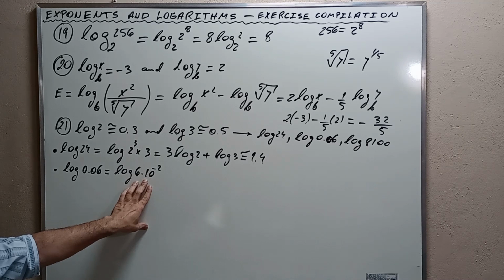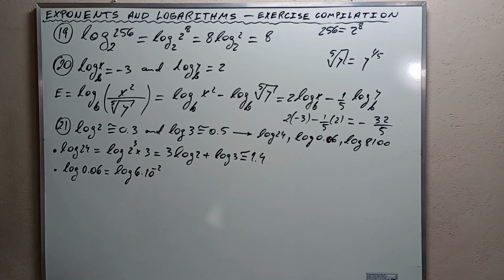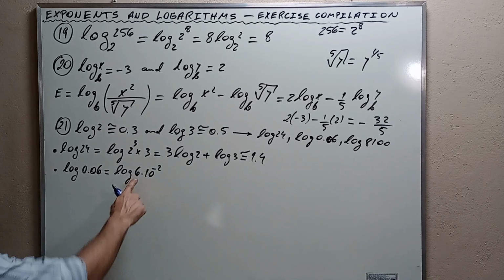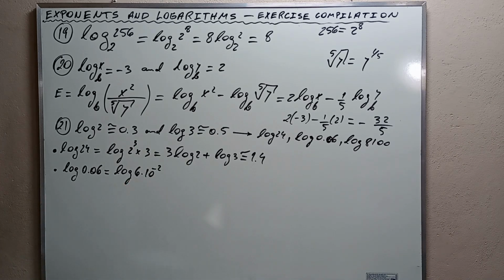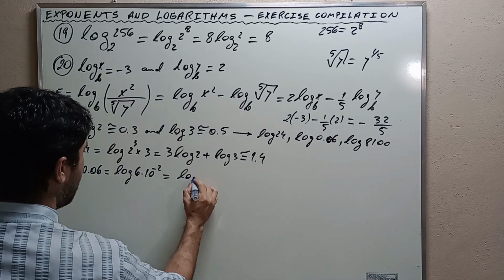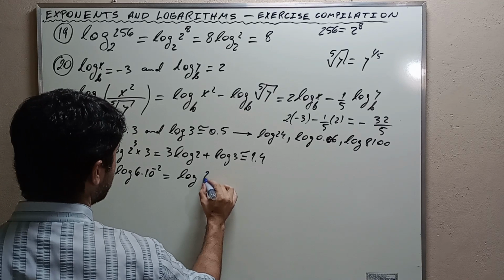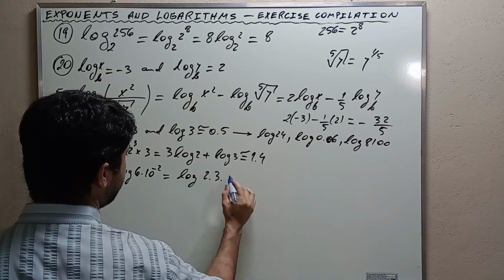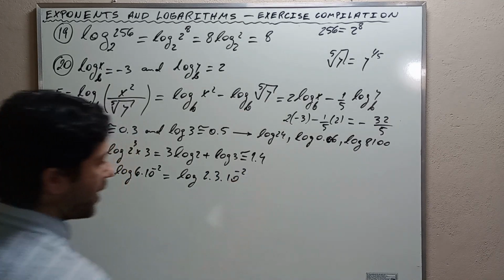Some people say 6 times 10 to the negative 2. Other people say 6 times 10 to the power of negative 2. And observe that 6 is equal to 2 times 3. Okay, we put it, the logarithm of 2 times 3 times 10 to the negative 2.